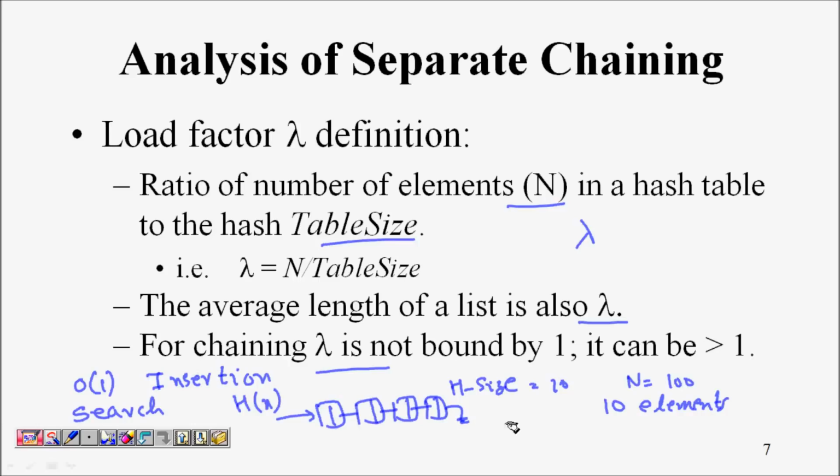That linked list has length lambda on average. So your search time becomes the time for calculating h of x plus traversing this list, which can be O of lambda in the worst case. And your deletion also, basically you have to traverse this linked list. So this is for separate chaining.